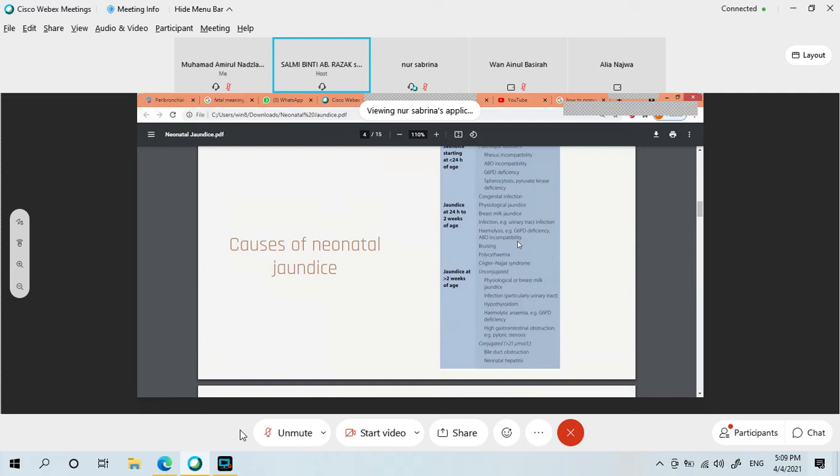So again bila sampai dalam group yang physiological jaundice punya age tu, which is 2 days until 2 weeks tu, again kita exclude other things. So contoh, you tengok sepsis dia, takut-takut ada group B strep kan. Lepas tu you exclude, misal kita tengok umbilical stump dia tu takut ada wet ke, okay.